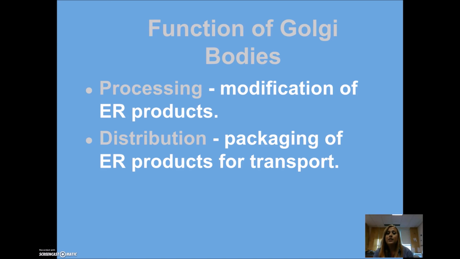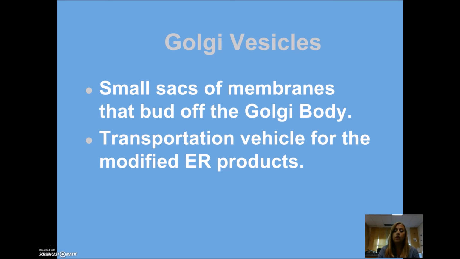It's going to take in the products from the endoplasmic reticulum, modify them, and get them ready to be sent out. And then the distribution is actually packaging them up for transport. So sort of like a fancy little post office within the cell, it takes in the products from the endoplasmic reticulum, modifies them, and packages them and sends them outside of the cell.